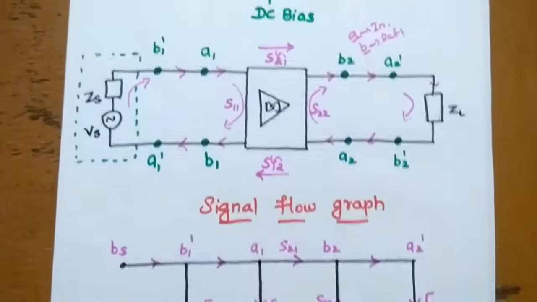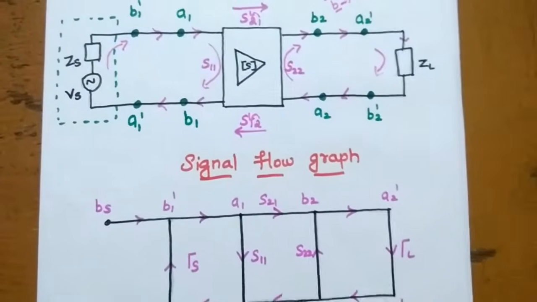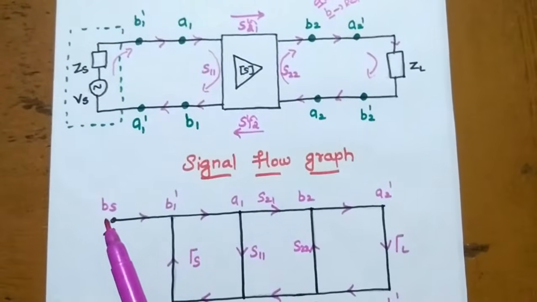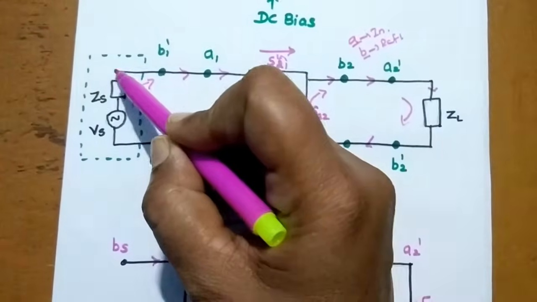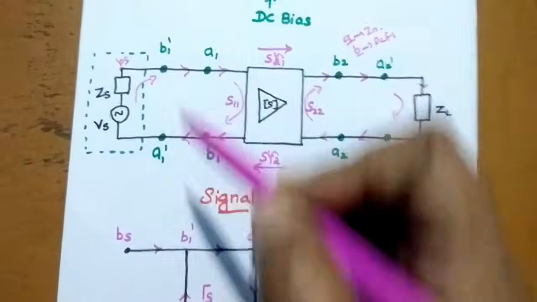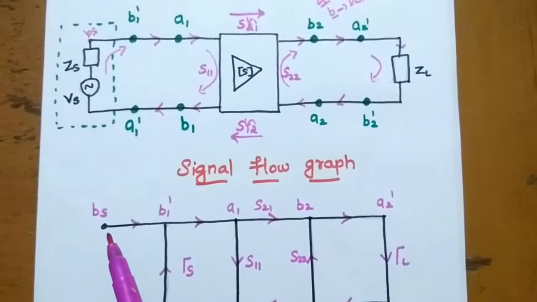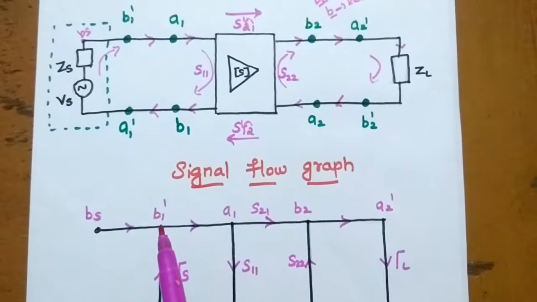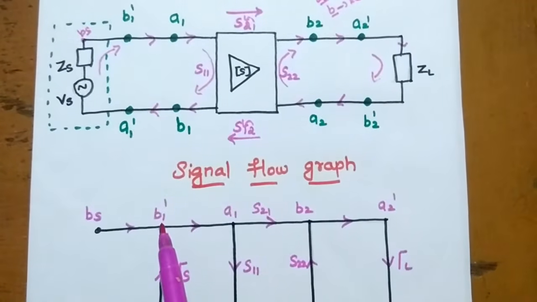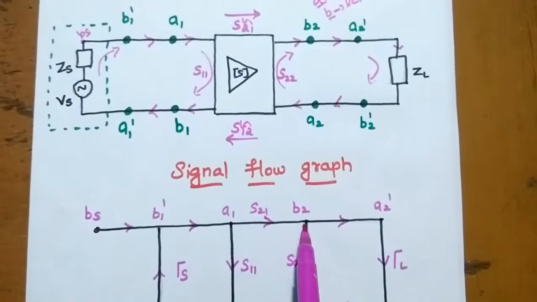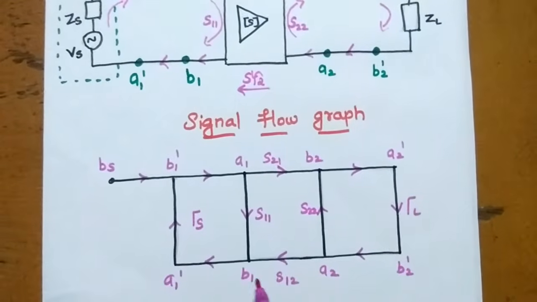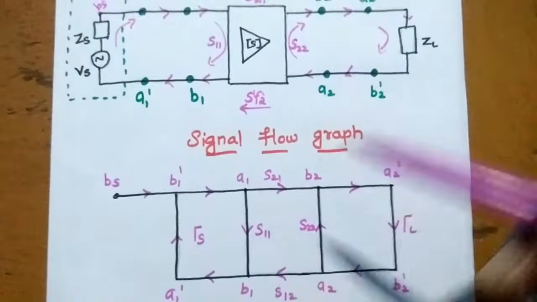This signal flow can be represented simply like this. Here we can mention this is BS, the actual signal generated from the RF source. As we know, we have B1 dash, A1, B2, A2 dash and B2 dash, A2, B1, A1 dash.